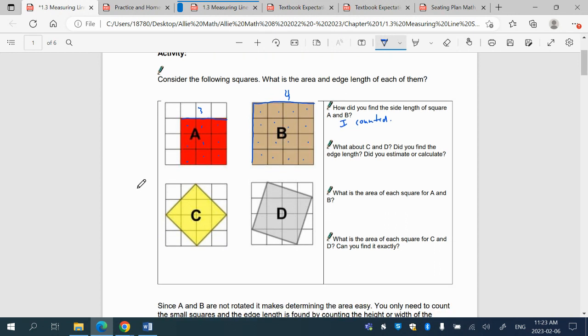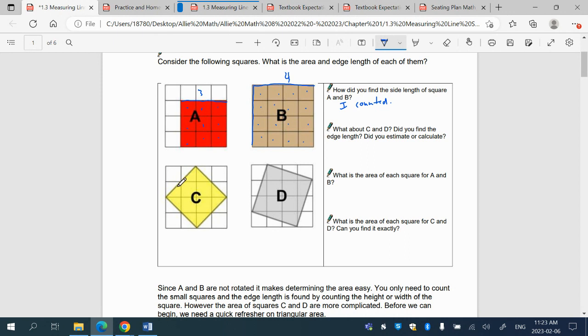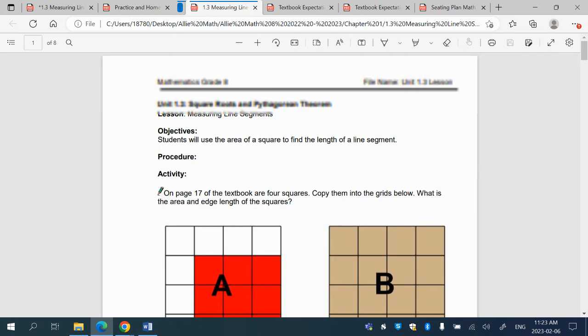But let's look at C and D. I mean, it's kind of hard to tell. It seems like this would be 1, 2, 3, 4. And this looks like it would kind of make a half and a half. So maybe this is 1, maybe this is 1, maybe this is 1, and maybe this is 1. So like 1, 2, 3, 4, 5, 6, 7, 8. 8 is my guess.